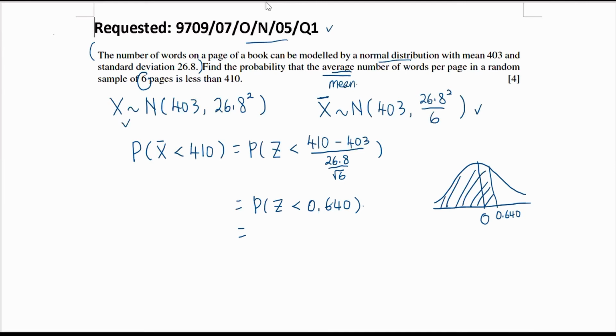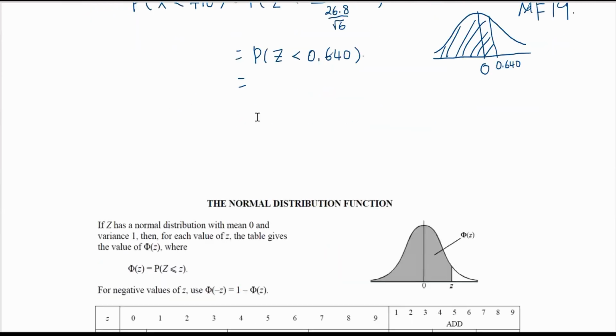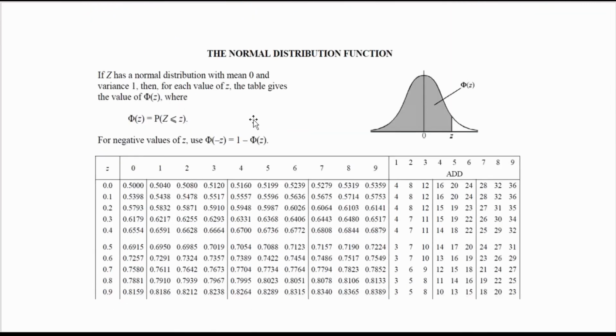Then refer to the formula list MF19, the normal distribution table given. When the z-score is 0.6 and 4, here is 4, the probability, which is the area under the graph, is given as 0.7389.